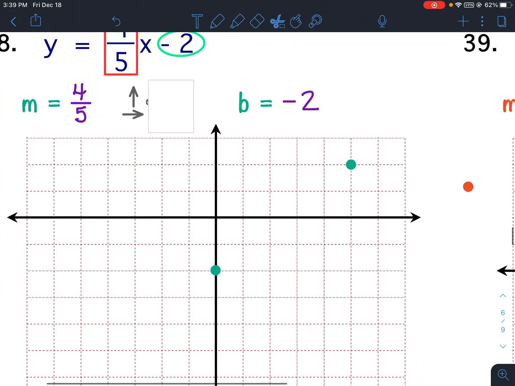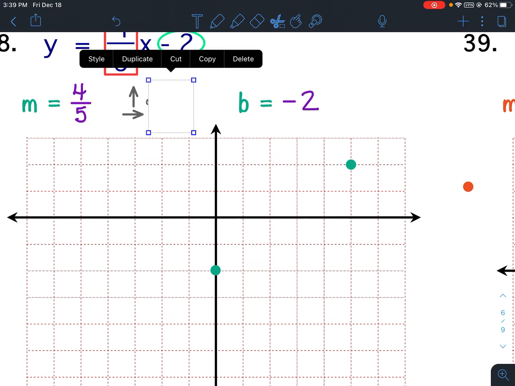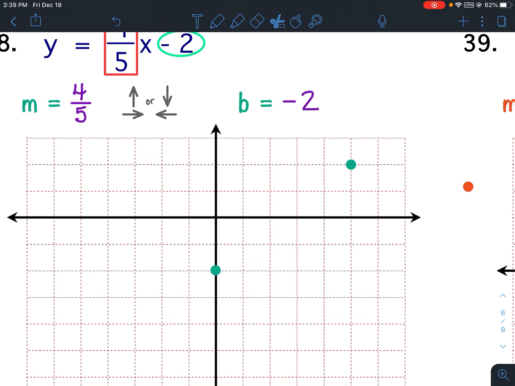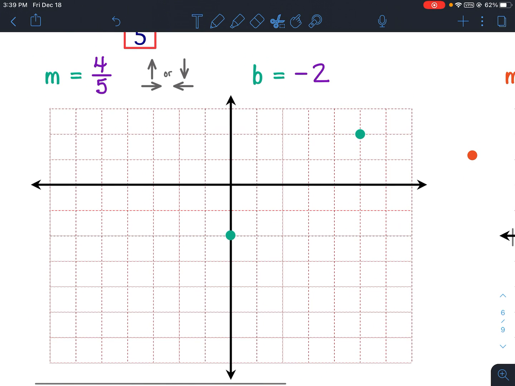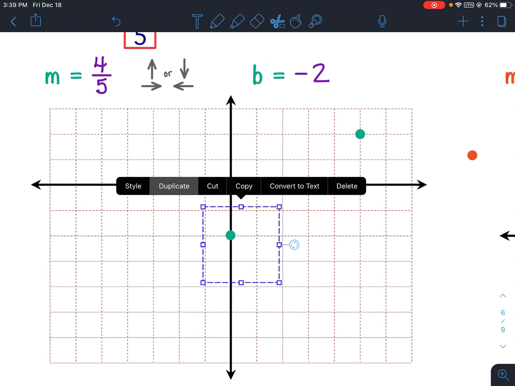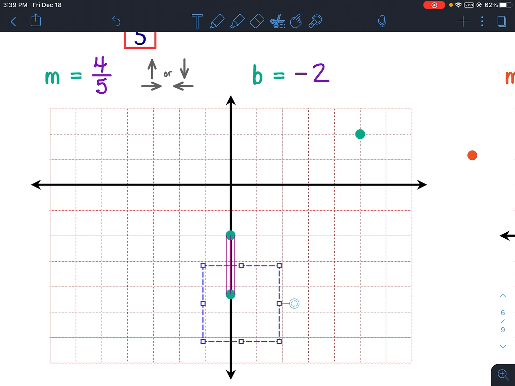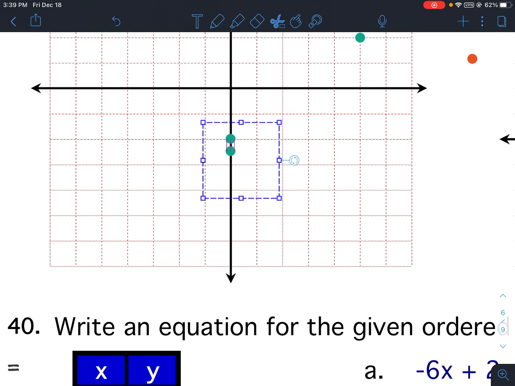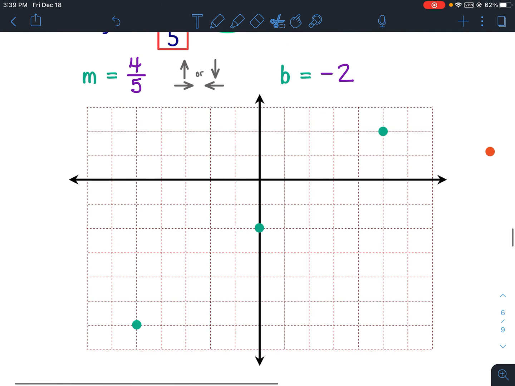All right, that's all the farther I can go up and to the right. So the opposite is now down 4 and to the left 5. 1, 2, 3, 4. 1, 2, 3, 4, 5. And then I draw my line.